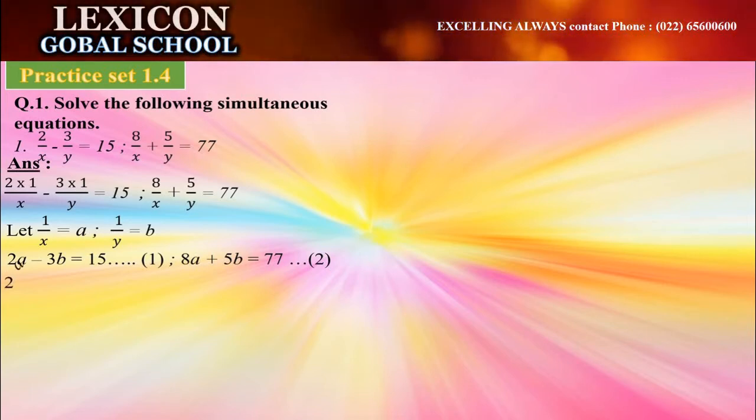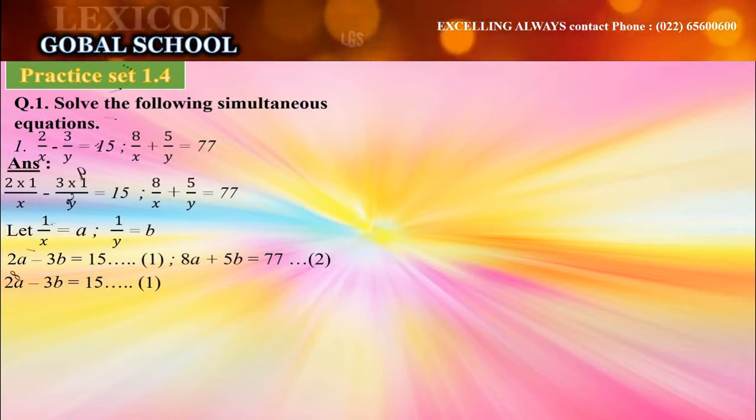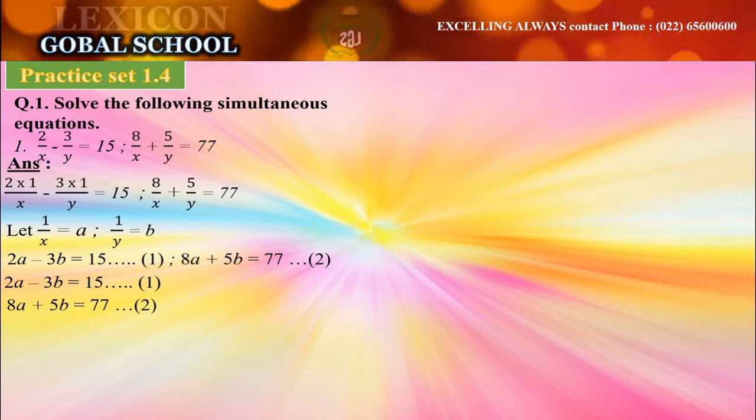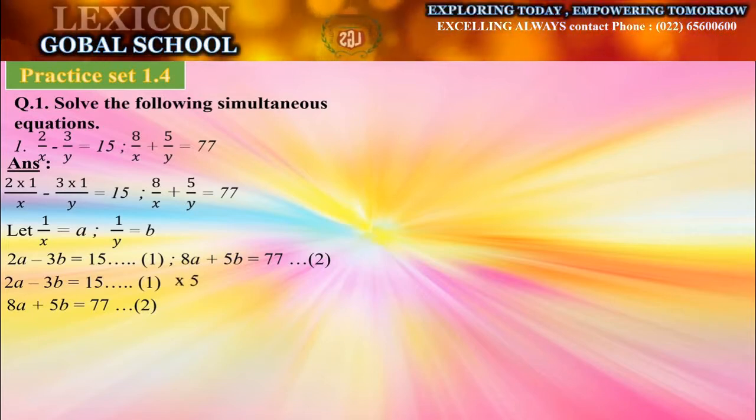Let's solve them as our exercise number 1. As we solved in our practice set 1.1, we are going to solve this in the same manner. Our first equation is 2a minus 3b is equal to 15, and our second equation is 8a plus 5b is equal to 77. Here the coefficients are not the same. So what are we going to do?